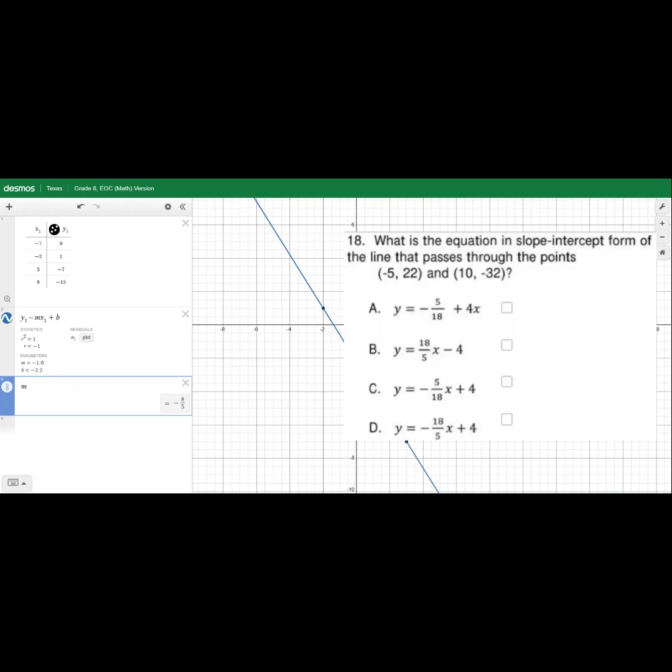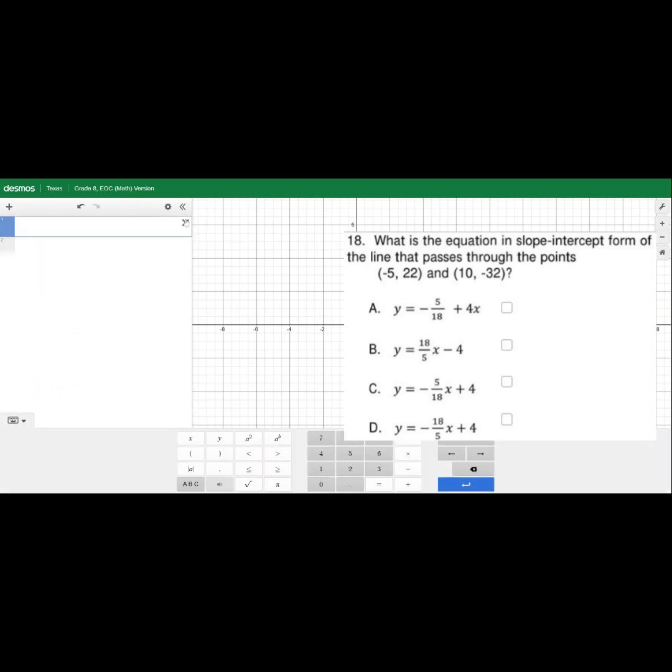This time on question 18, I'm going to start from the beginning. Question 18 is a worded problem, but it gives us 2 points. What is the equation in slope-intercept form of the line that passes through the points (-5, 22) and (10, -32)?